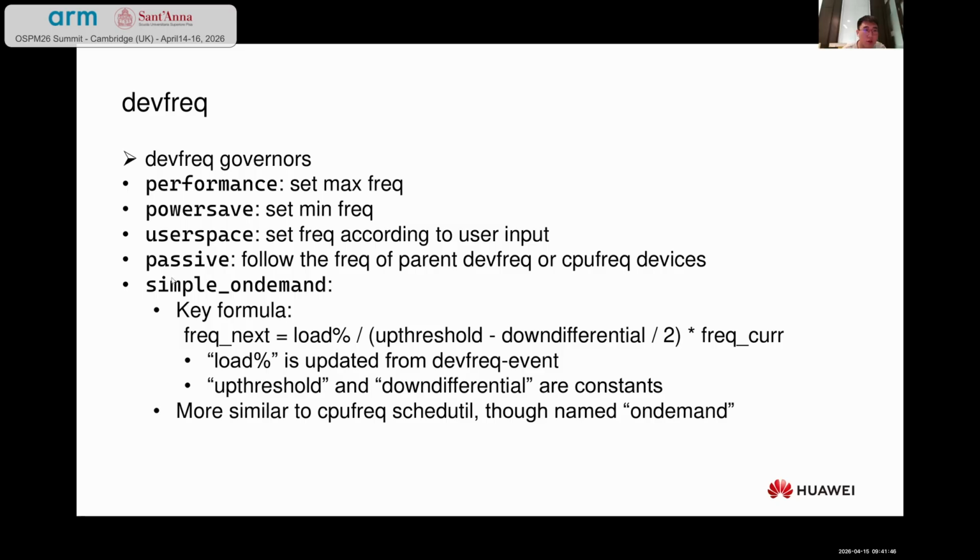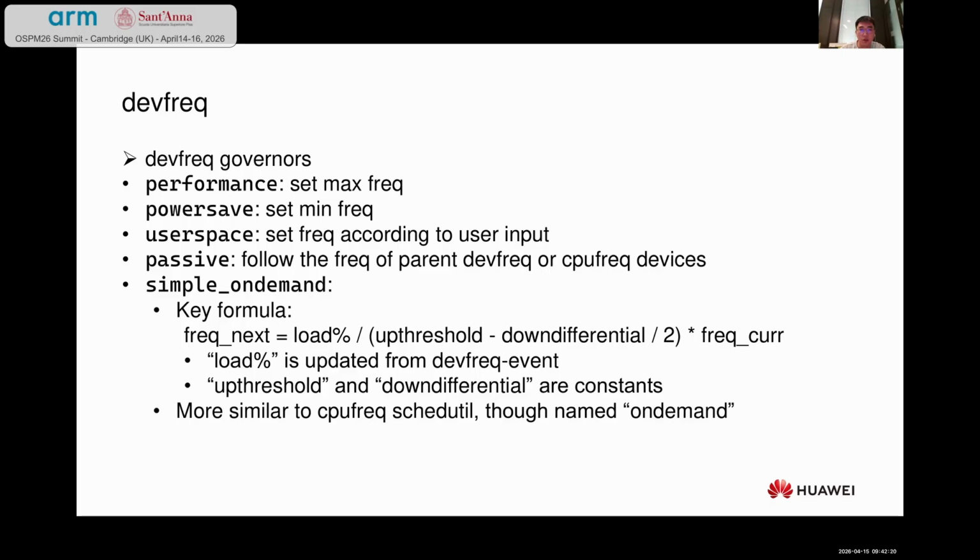The 2 different things are passive and simple_ondemand. The passive governor, as we can tell from its name, will take the action passively. It will follow the target frequency of its parent Devfreq device or cpufreq device. For example, if its parent is a Devfreq device, it will just follow the current target frequency of that parent device.